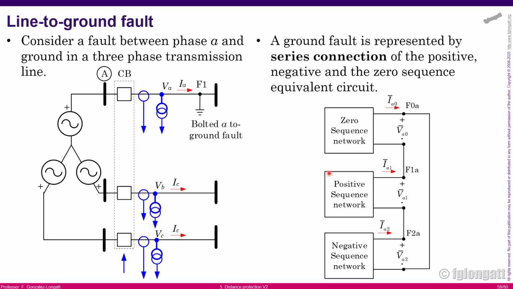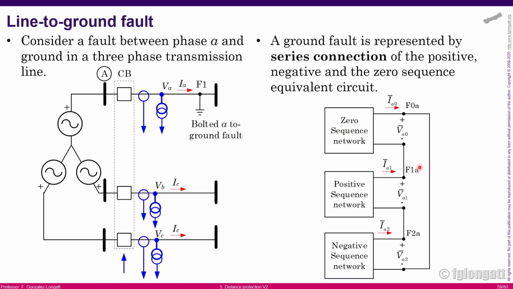In this case, we consider that the fault is, of course, on phase A. For a line to neutral fault, all my students coming from power system analysis must remember that the three sequence networks must be interconnected in series. Series connection of the positive, negative, and zero sequence networks, and that is what I am showing you here.